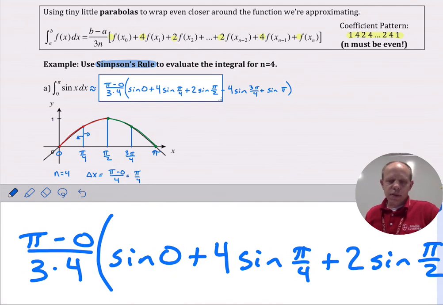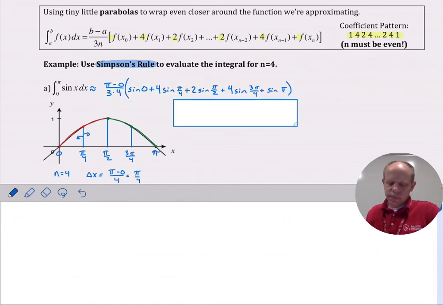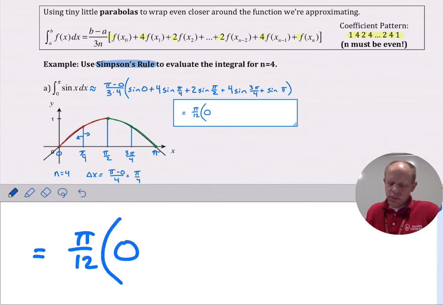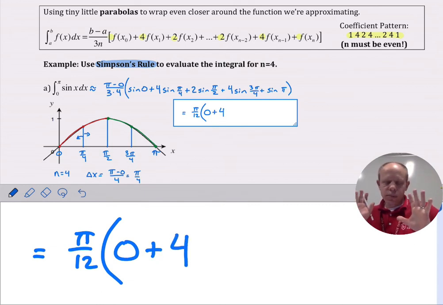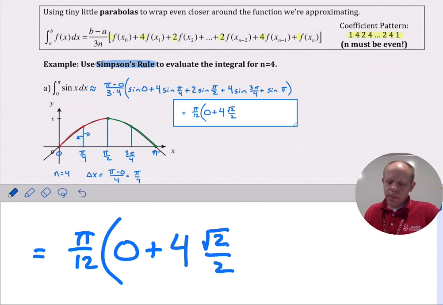Now from here, we can either simplify, or just type this into our calculator. If we did simplify, notice we would have pi over 12 times the sine of 0, which is 0, plus 4 sine of pi over 4, which, if you remember those from the unit circle or you've memorized them, is the square root of 2 over 2.